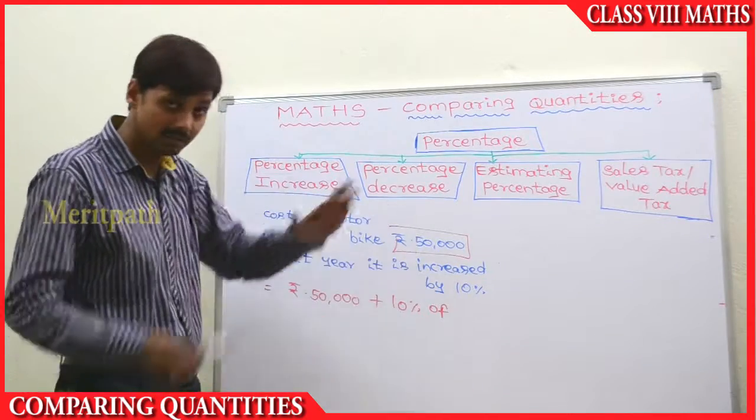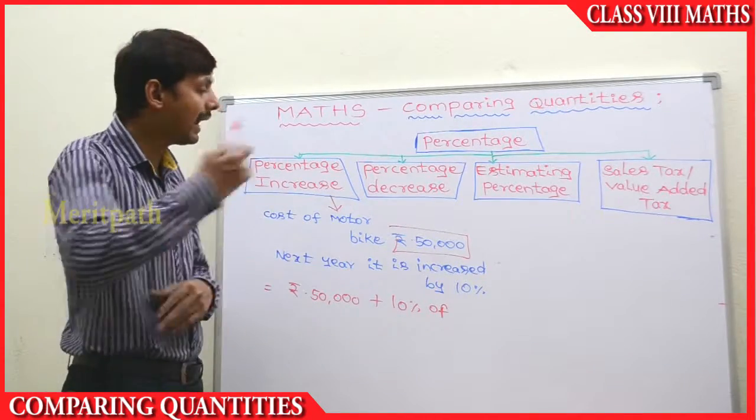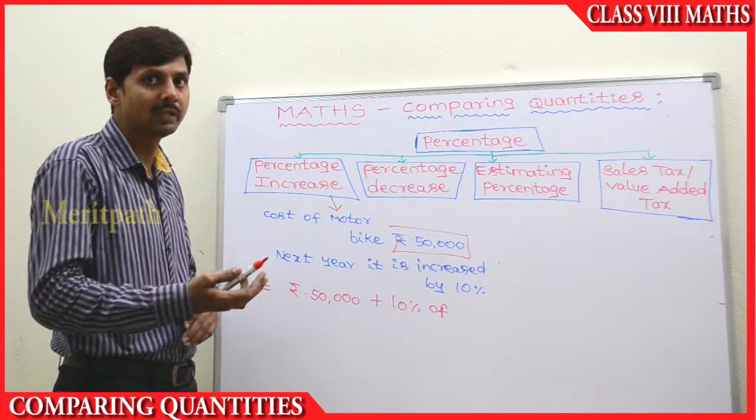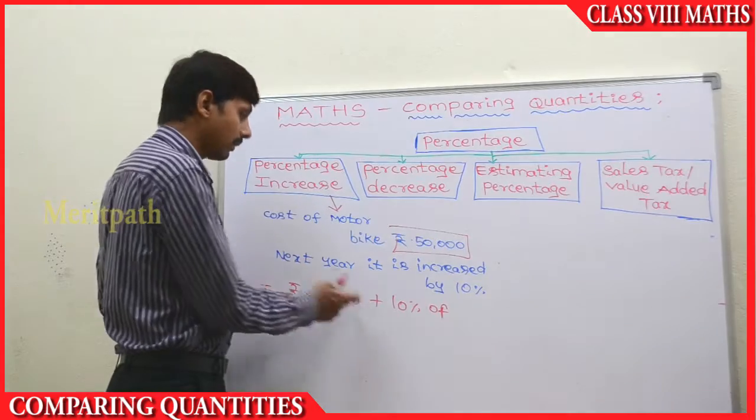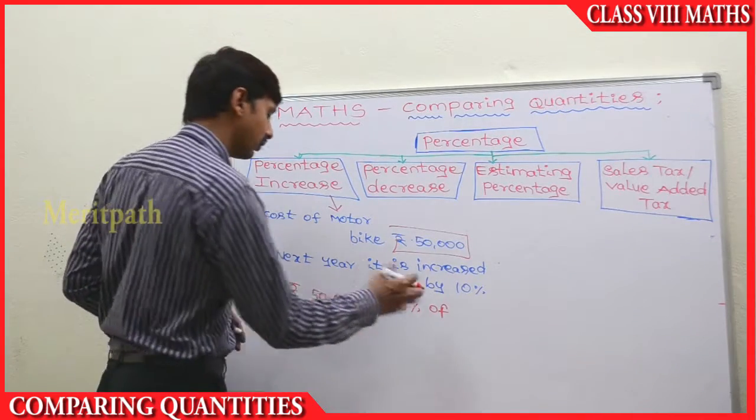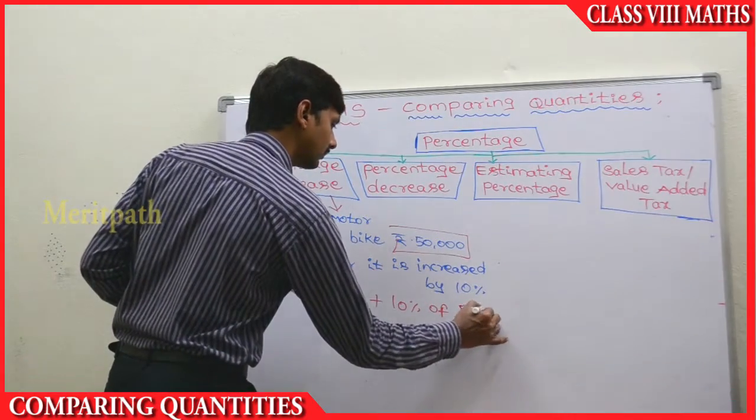So we need to add some amount to it. How much we need to add is 10% of the whole item, so 10% of 50,000.